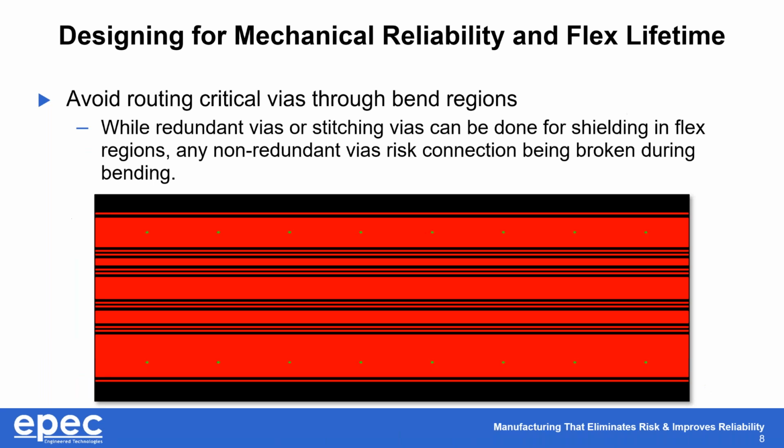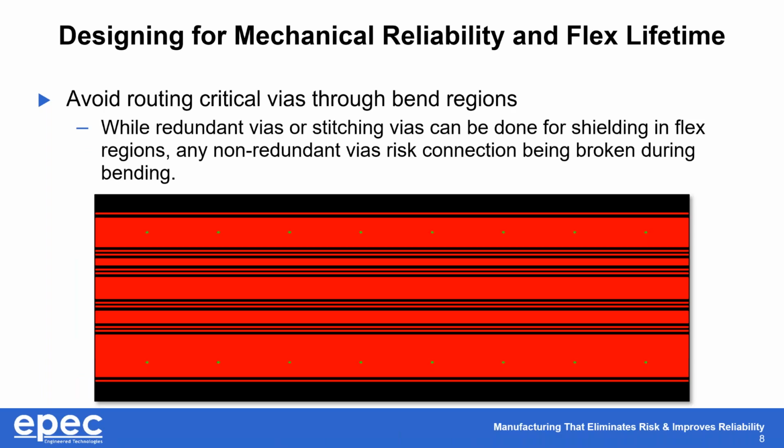This slide, if you've seen a previous presentation, is probably going to look extremely familiar. It's touching on avoiding critical vias in bend regions, because copper tends to be a little less malleable, a little bit more rigid, so trying to bend in a via area will end up breaking vias at times. For any critical vias, that could cause intermittent opens, and at worst even definite opens where it's just immediately broken.